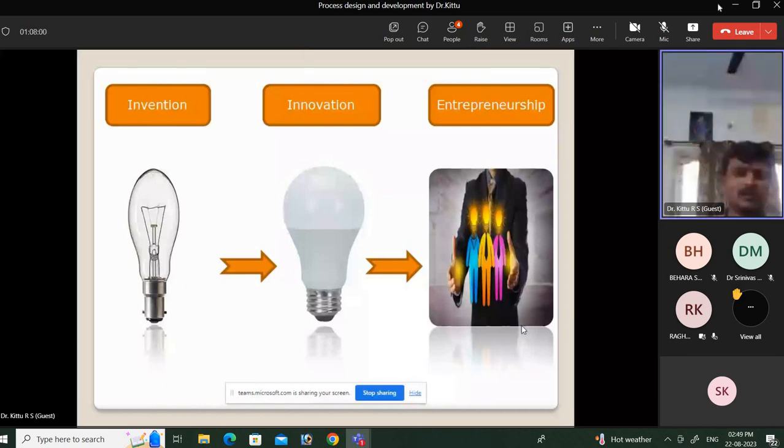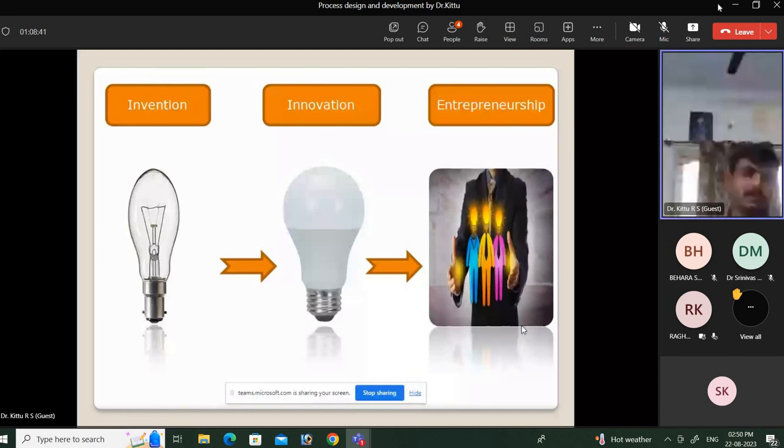This is a sample or example of how innovations are essential. You can observe here the differences between the initial product and the products we are using nowadays. This difference is possible even through R&D, research and development, which plays a role in making a different design of your product, like the prototype or the design and development of the product.